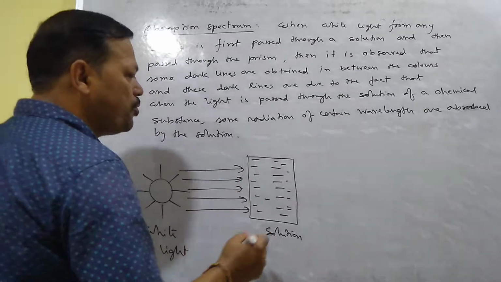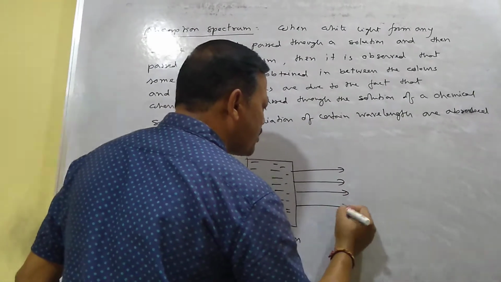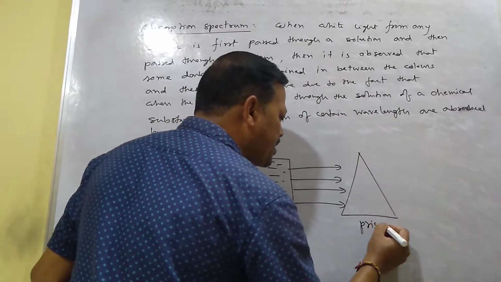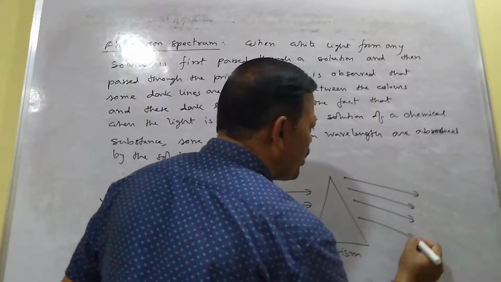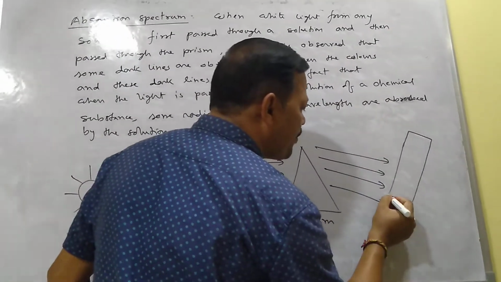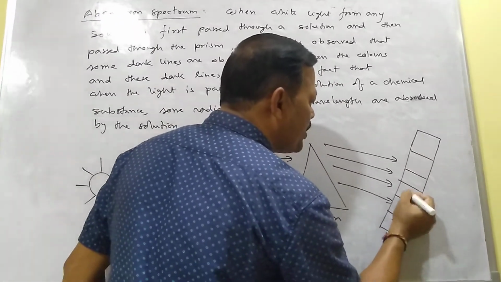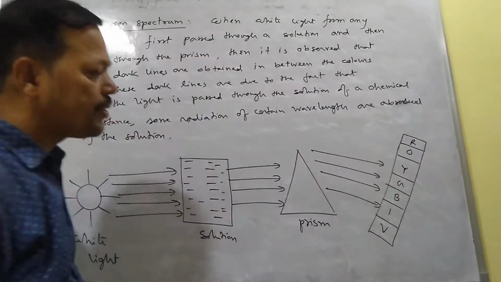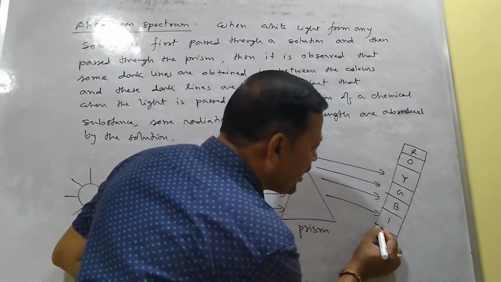After passing through the solution, the radiation has to pass through the prism, and after passing through the prism you have to receive it on the photographic plate. When you receive it on the photographic plate, again you will get 7 bands of colors from violet to red, continuous, VIBGYOR. Again you will get 7 bands of colors, but here in between the colors you will get some dark lines.